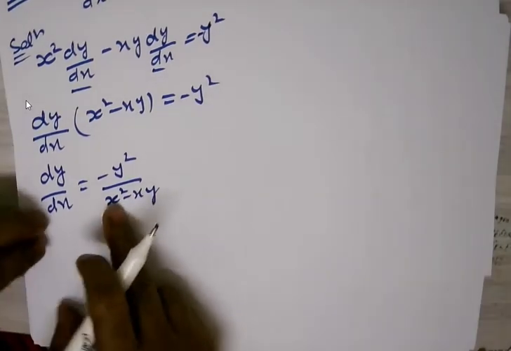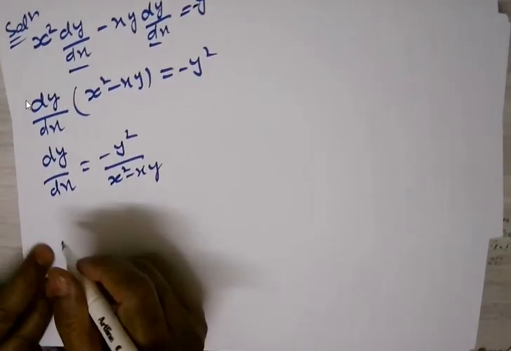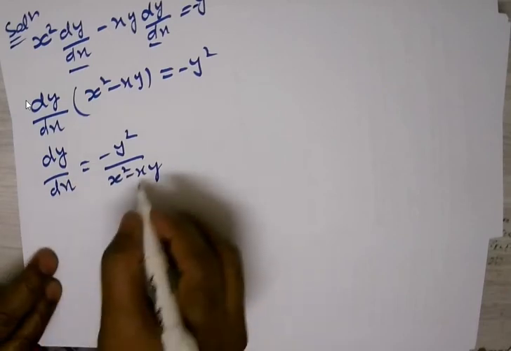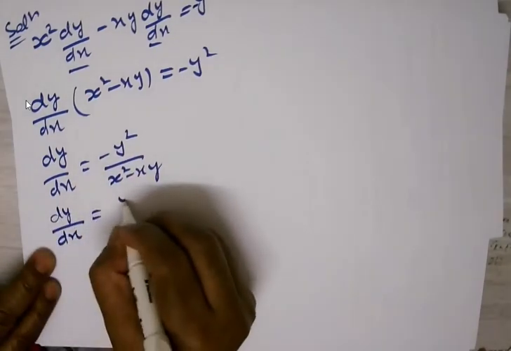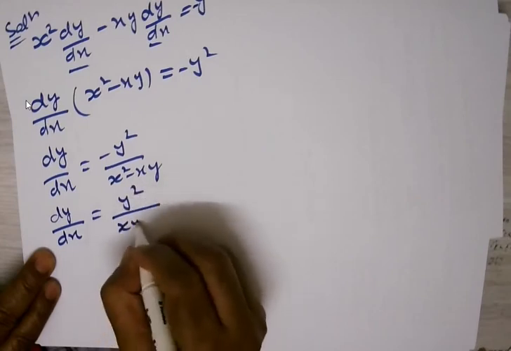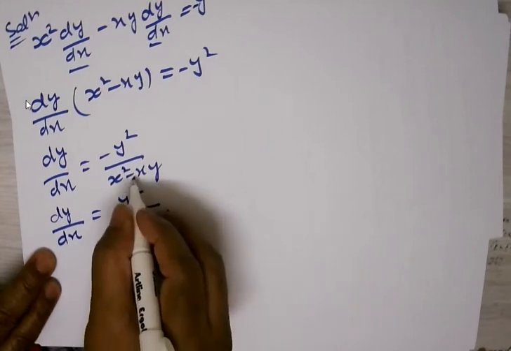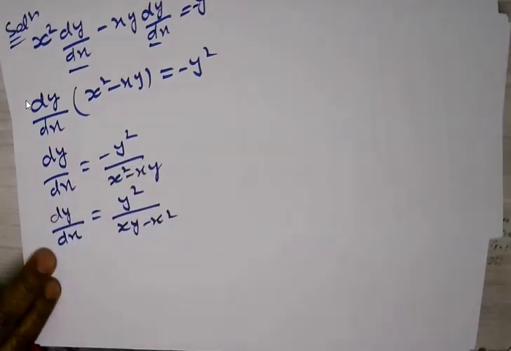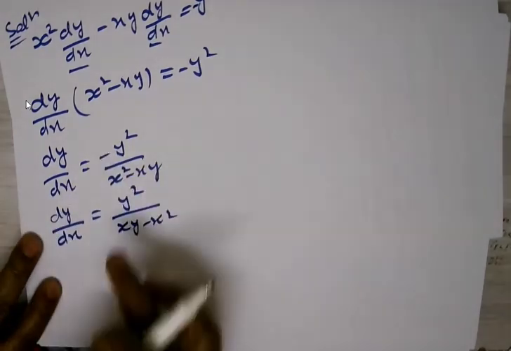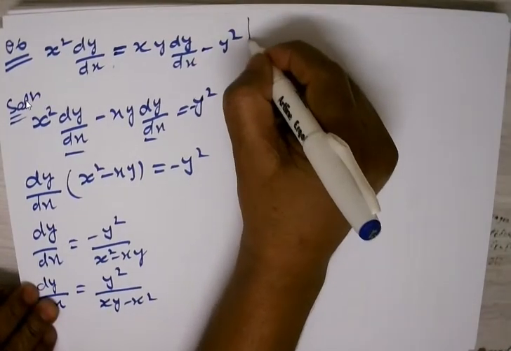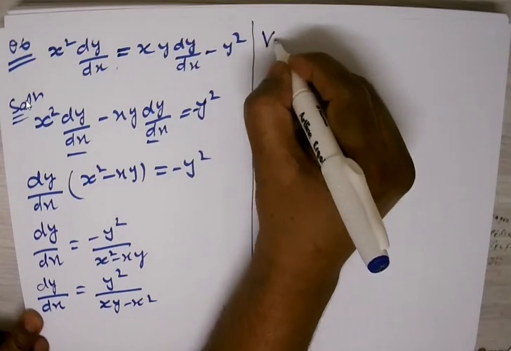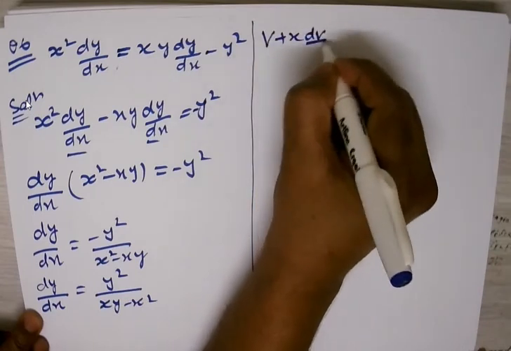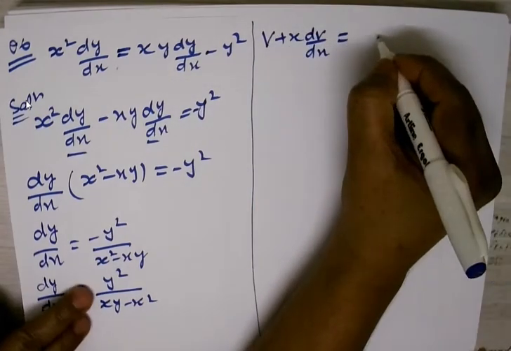Because negativity always becomes difficult, we need to put it in terms of positive. So we can write dy/dx = y²/(xy − x²), keeping minus x common here, and then this minus and this minus cancel. Because this is a homogeneous differential equation, replace dy/dx with v + x dv/dx, and y with vx.